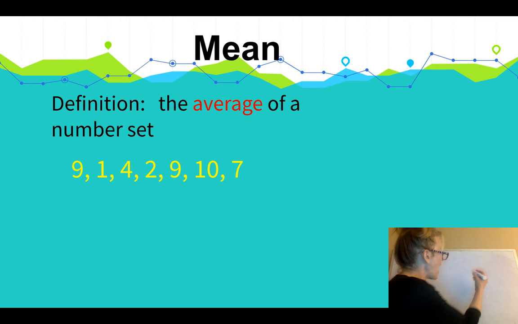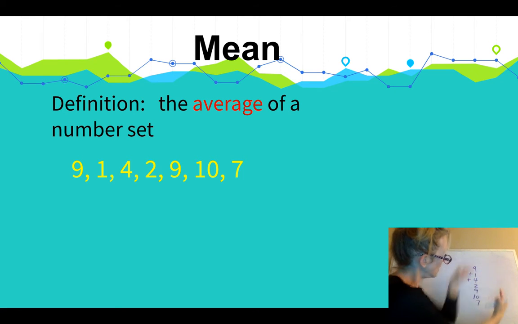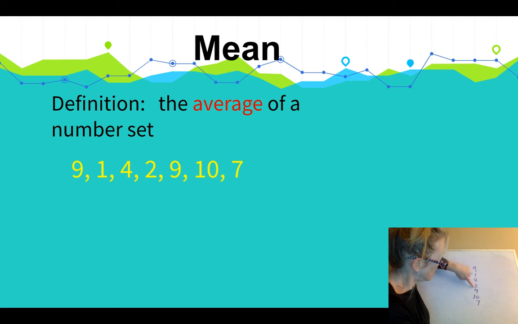So I'm going to add 9 plus 1 plus 4, 2 and 9 and 10 and 7. So let's see, these two are 10. This is 16, 25, 35, plus 7 is 42.